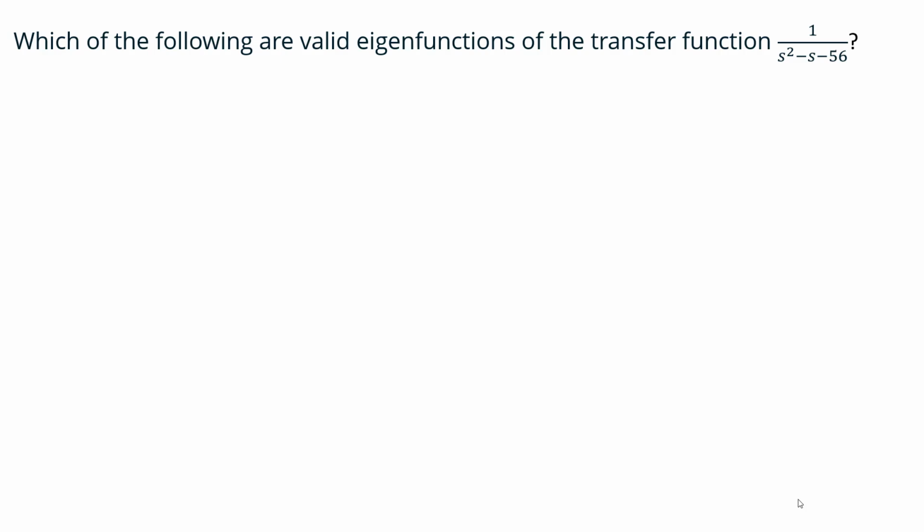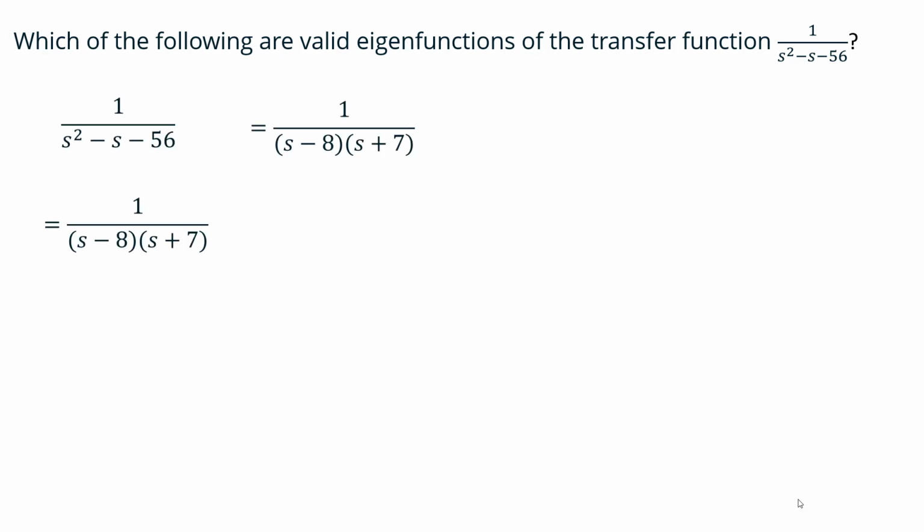For this, you have to get this into a form where you can calculate the eigenfunctions. So basically, you just factor the denominator into s minus 8 times s plus 7, right? You guys remember how to do that, right?